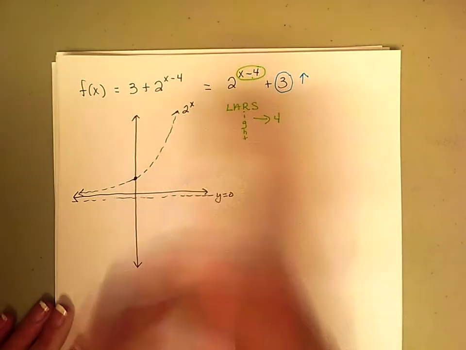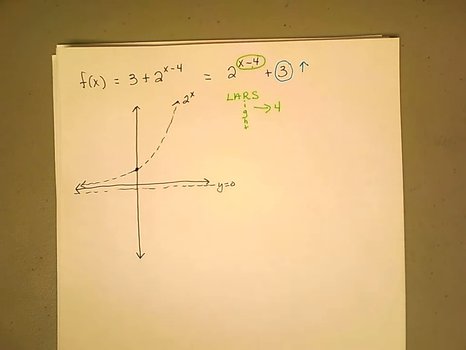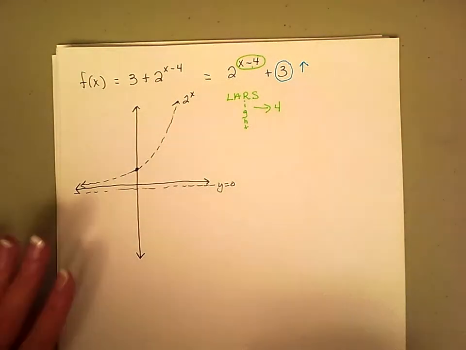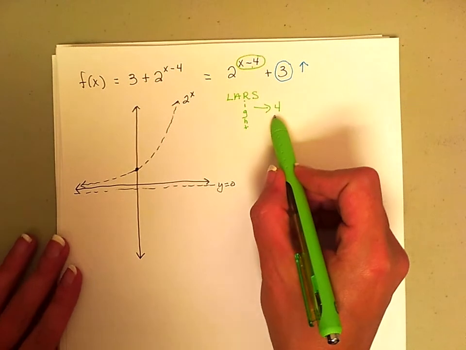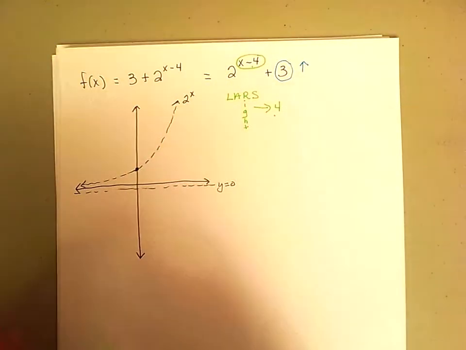So this is our basic 2 to the x. It's our basic shape. Now, what I need to do is move this graph to the right 4 units. So every point needs to move over.